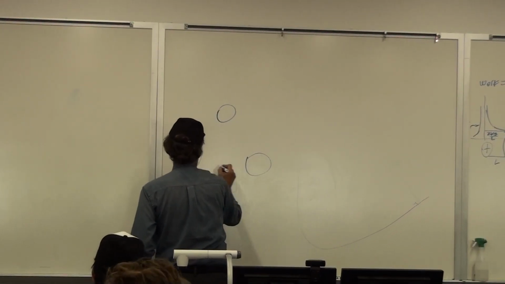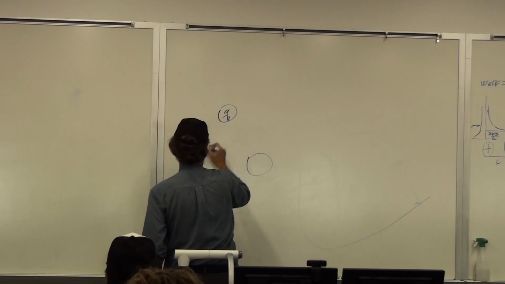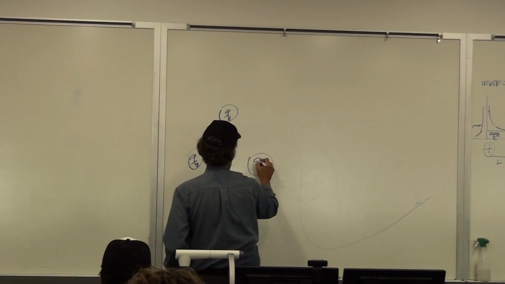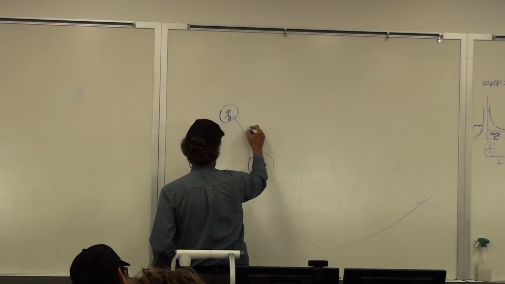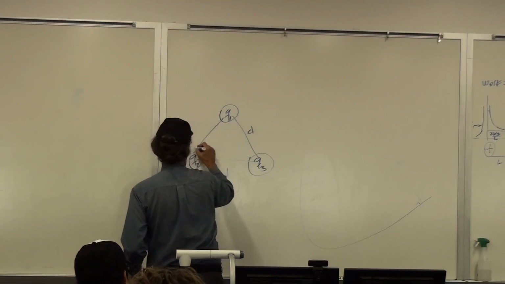We've got Q1, Q2, Q3. So they're all at a distance d apart from each other.